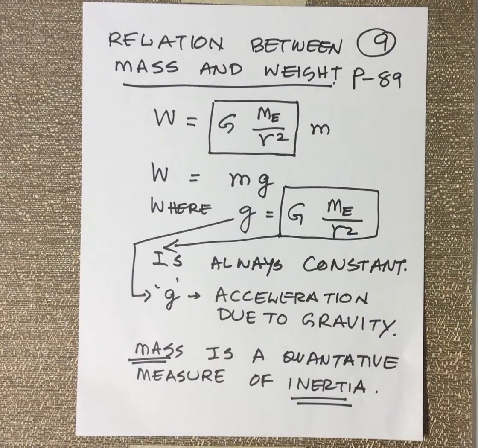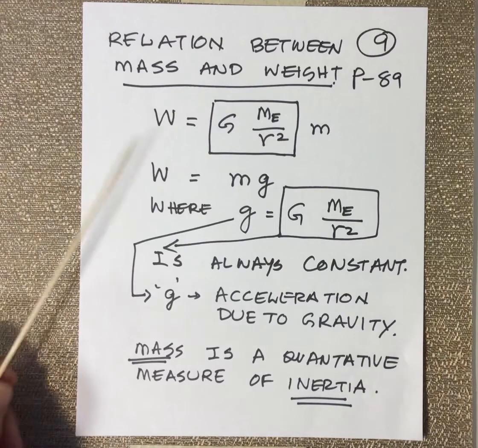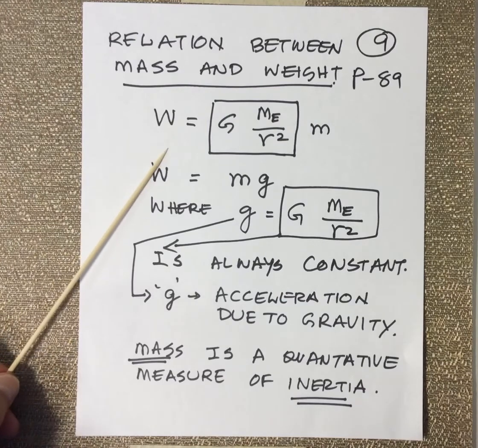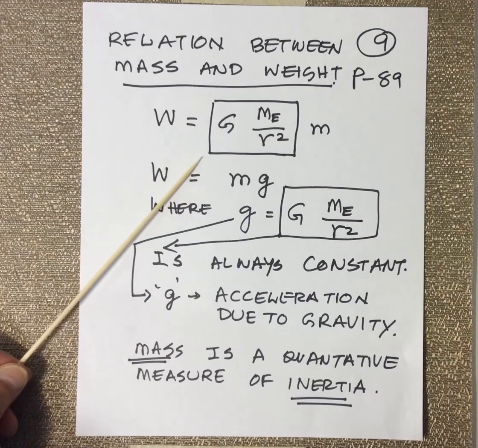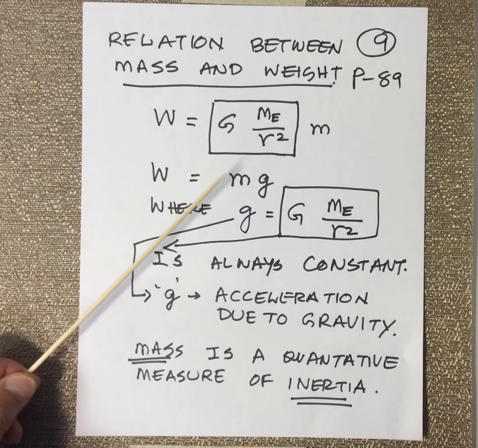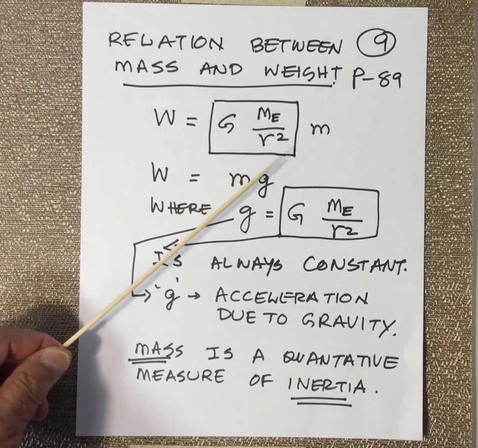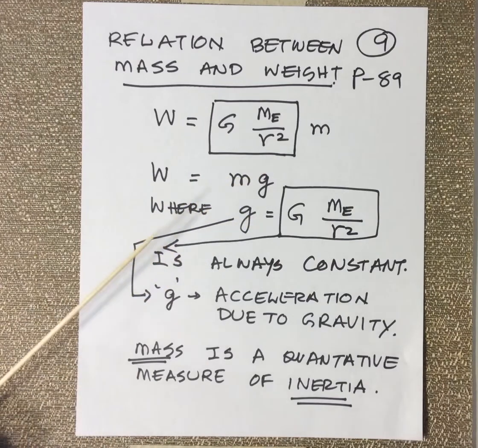Now we're looking for the relationship between mass and weight. We again use the same equation that we had in the previous page I showed you, W equals G times M_e over r squared times the mass of the object. From there we can simplify further. W is the weight.